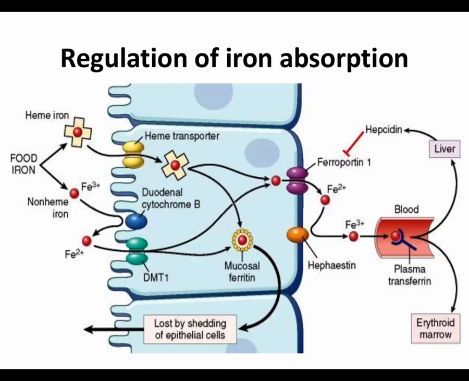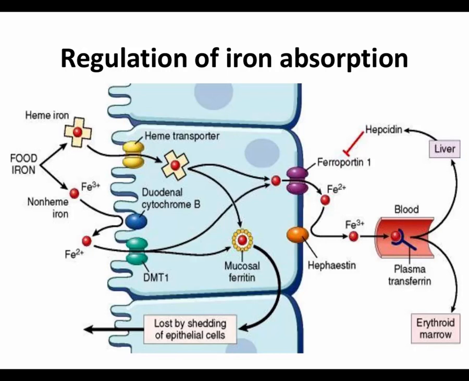The reason I like it is that there's a disease called hereditary hemochromatosis. That is when you have a mutation in this gene. This gene controls, in the liver, the production of hepcidin.